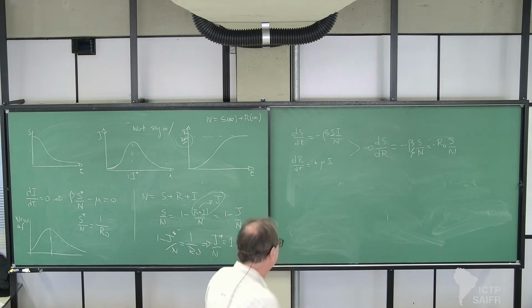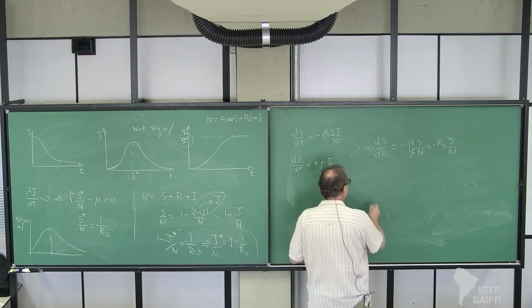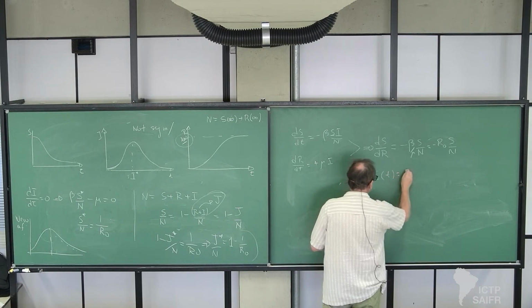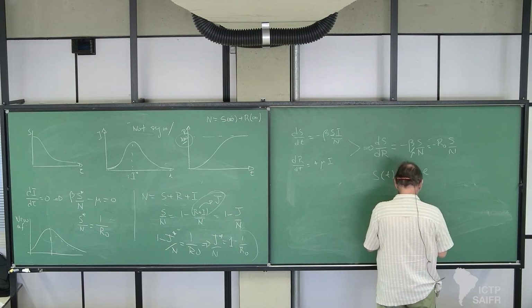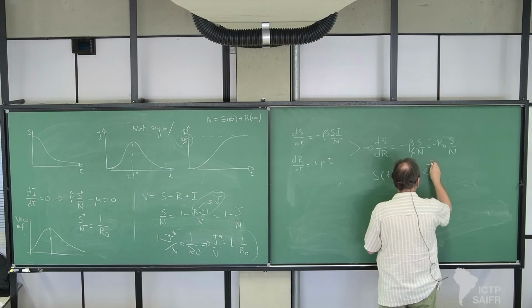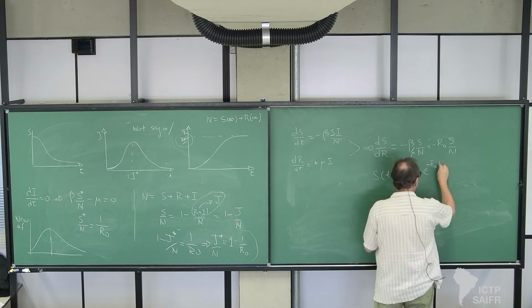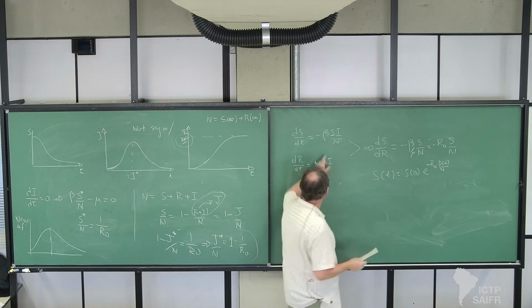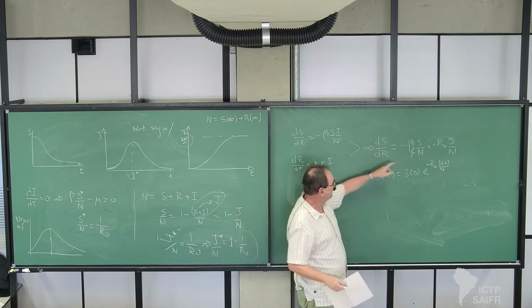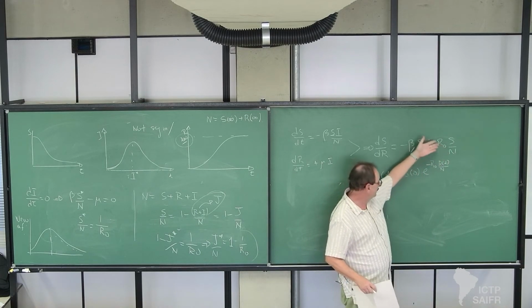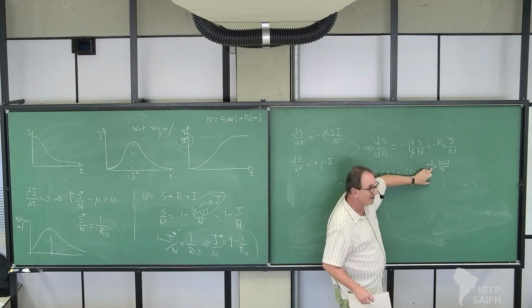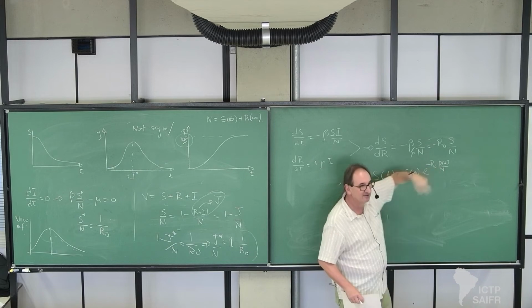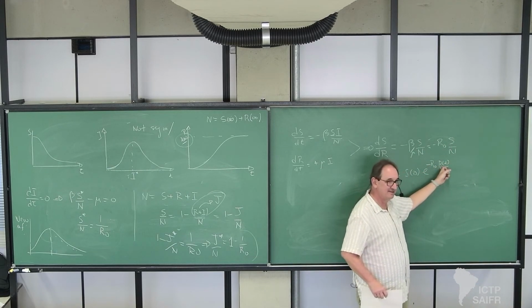Solvable. Easy. S of t is S at time 0 times the exponential of minus R0 times R of t divided by N. So as an equation for S in terms of R, this is just the solution. Sometimes you get confused, but the R with R0 here is not related to the R, this guy. It's just a notation here.